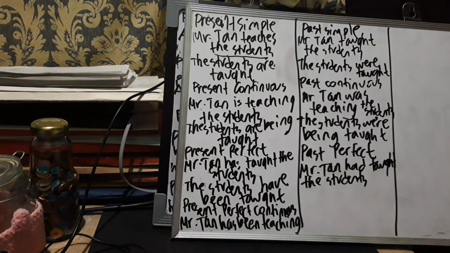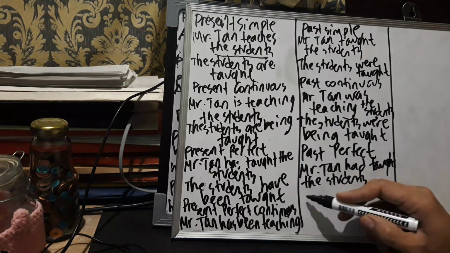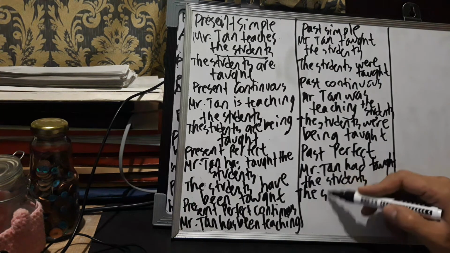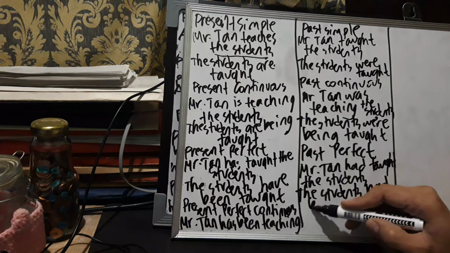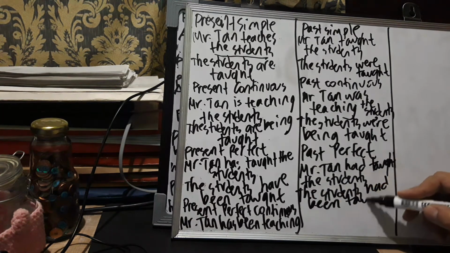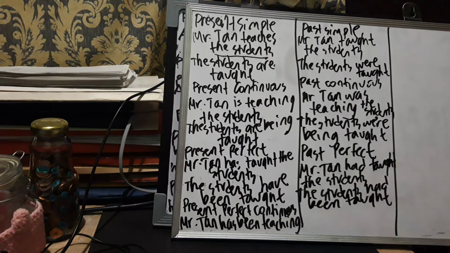And how do you change that into passive? The students had been what? Had been taught. So that is the past perfect active and passive.